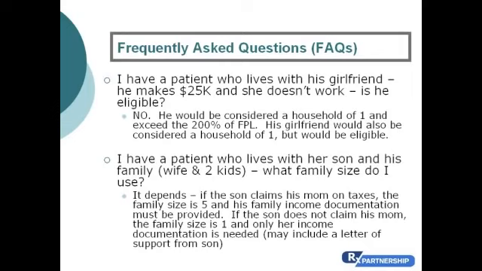Something else that happens quite a bit is a situation where you might have a more senior person who is living with their children and their family. You're trying to say what's the family size for that person, and the answer is not simple. It depends. If the son is claiming his mom on taxes, the family size is 5.